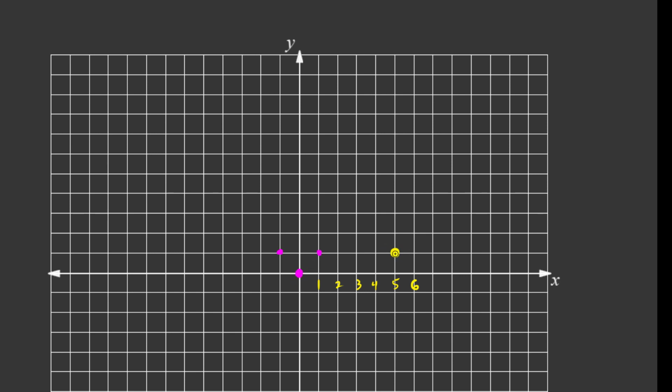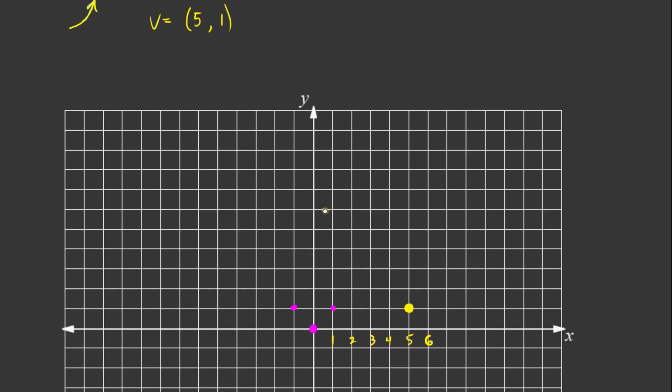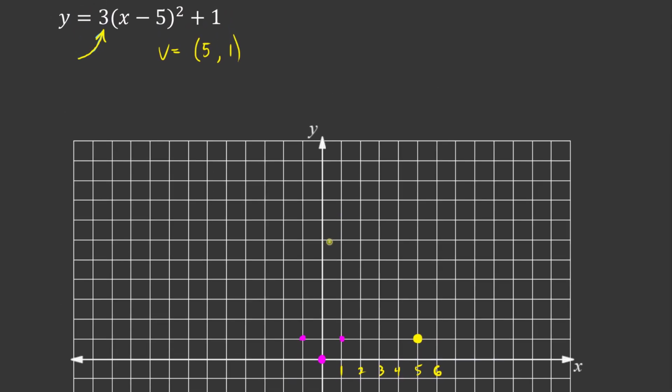So what if I go 1 to the right of this particular function? I'm supposed to be going 3 times higher than I normally would. Normally, I go up a distance of 1. Now, instead of going up a distance of 1, I'll go up a distance of 3. 1, 2, 3, because I'm 3 times taller than I would normally be.